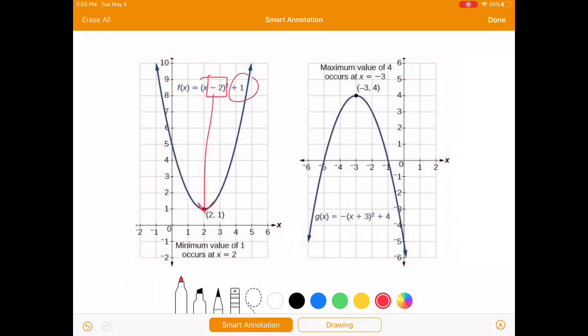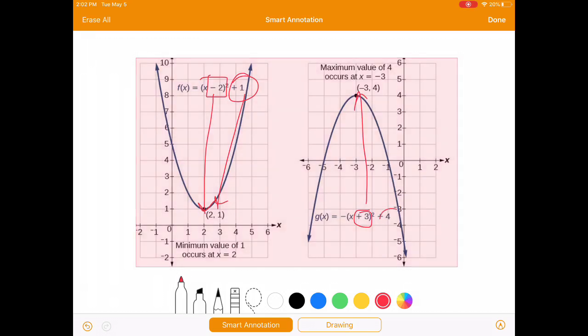The y stays the same. We got a +1, that's still +1. When I look in the equation here, I have a +3, that turns into a -3, and the +4 stays a +4.